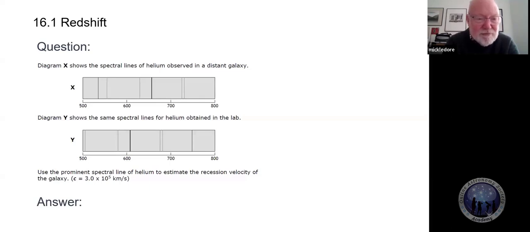Same technique, but we've got to estimate. And it does say estimate, so you wouldn't really need millimeter accuracy in measuring. I reckon that dark line, the one darker than the others, in spectrum X is just over 500. Let's call it 550.